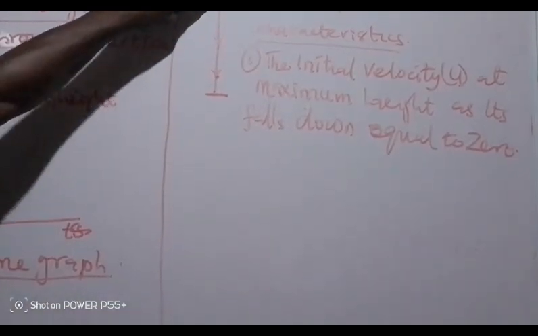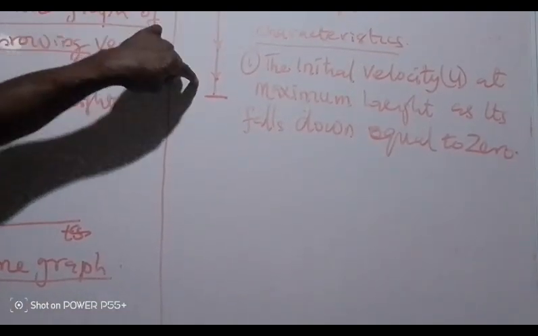That is, the initial velocity as the body begins to fall down is equal to 0.